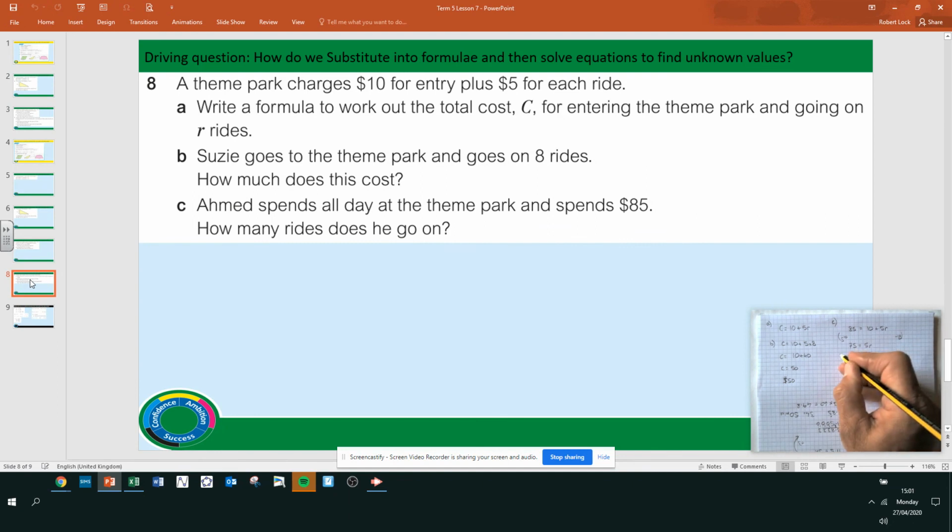Get rid of this, divide both sides by 5. So 75 divided by 5. 5s into 50 is 10. That leaves 25. 5 into 25 goes 5. That's 15. So 15 equals R. So he goes on 15 rides.